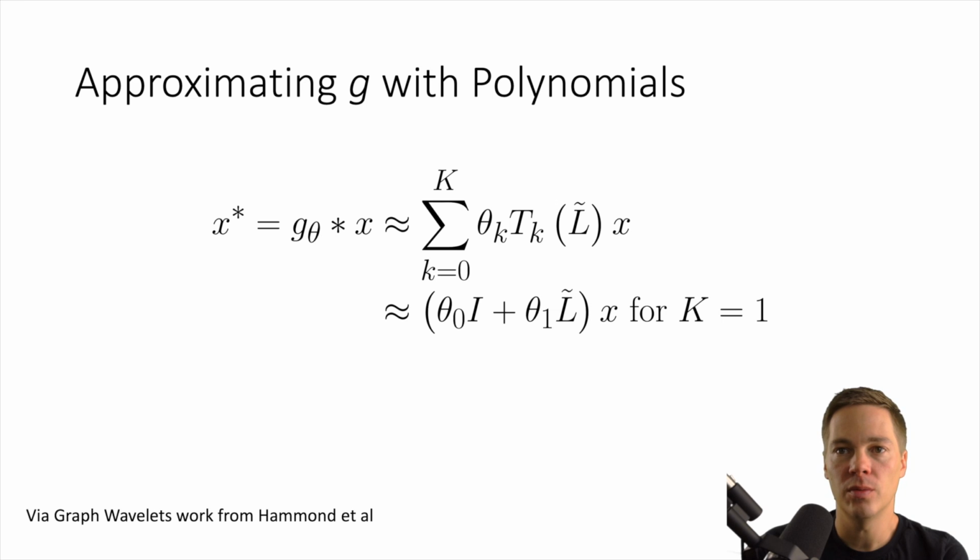And what he did was show that we could just directly approximate this operation of the convolution with some filter using polynomials in our Laplacian. This prevents us from having to do the full eigendecomposition to calculate U and then use U. But it has the other benefit that if we truncate this sum to be only up to the k equals 1 term, that means we get just the Laplacian to first order.